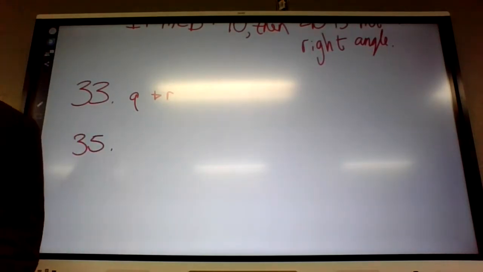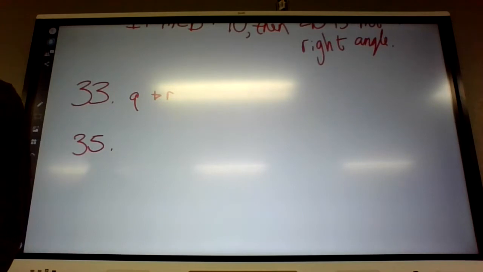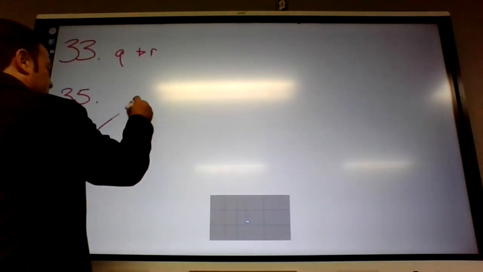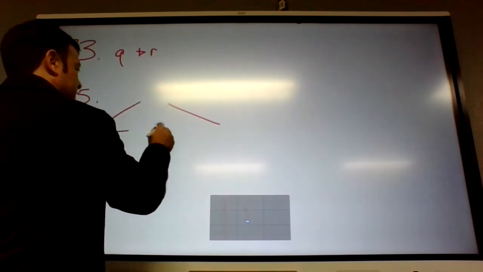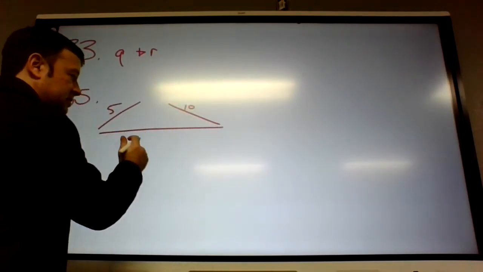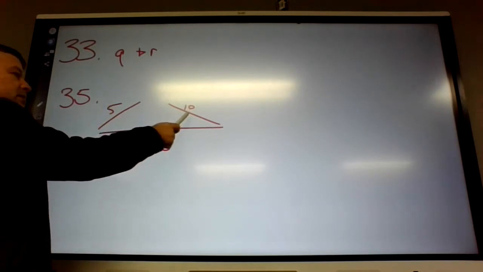Is it possible to make a triangle with a 5, 10, and 16 side? No. Why not? Because they don't add up. You have to be more than 16.